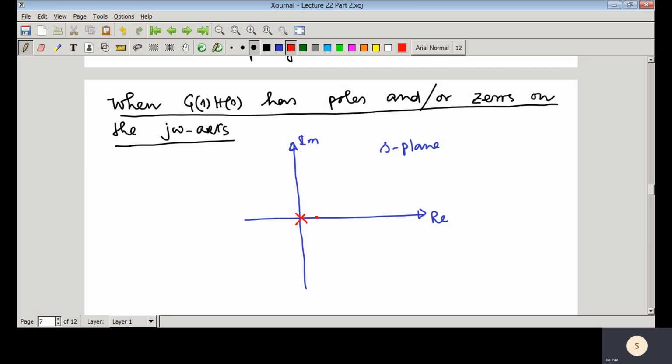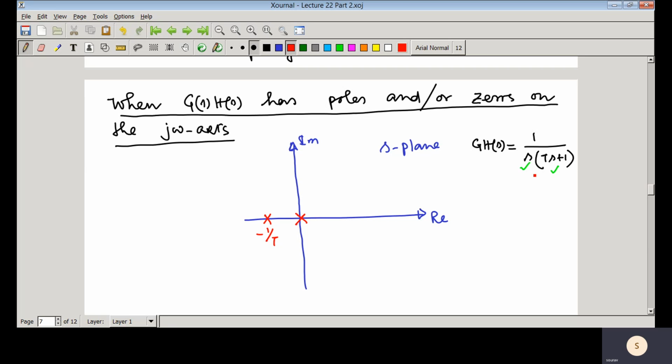We can take one example: suppose G of S, H of S equals 1 by S times (Ts plus 1). Then we can see that it has one pole at the origin, and another pole at minus 1 by T.